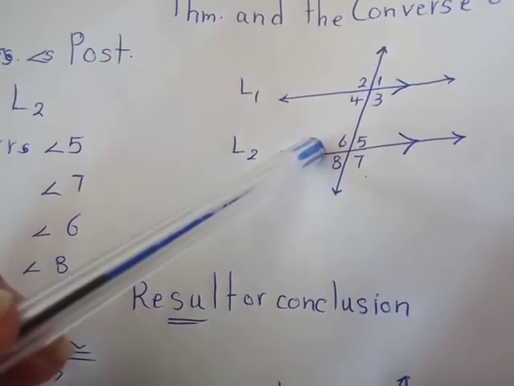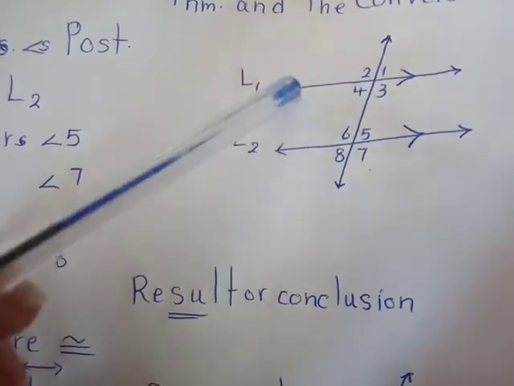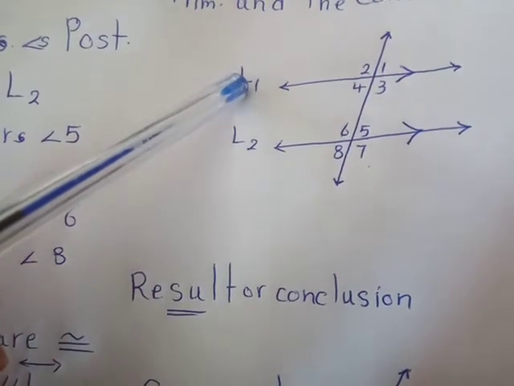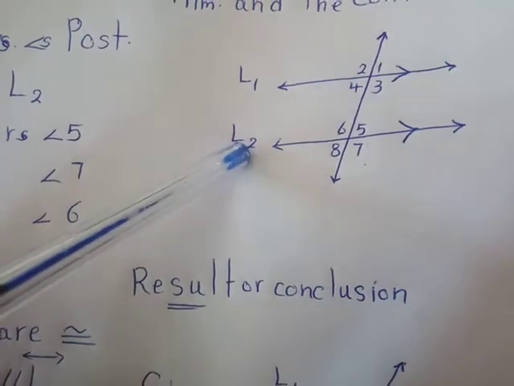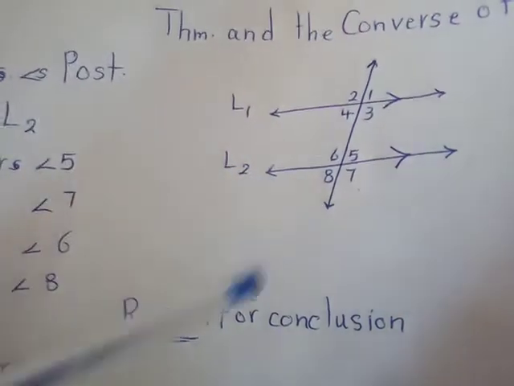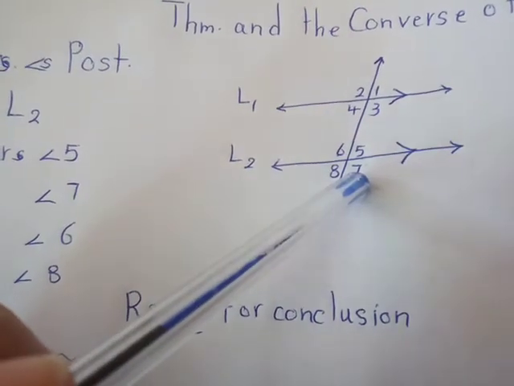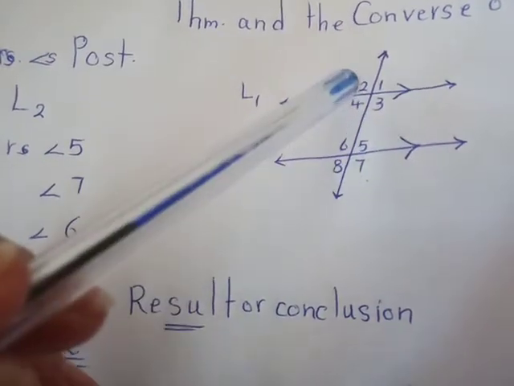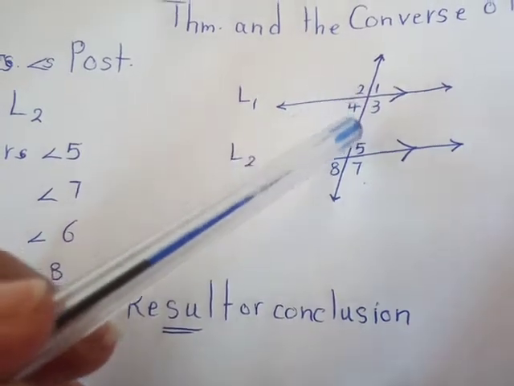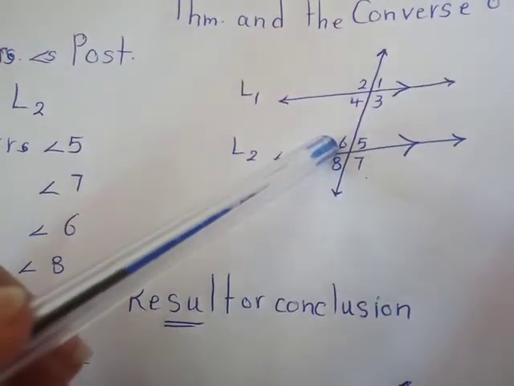They are alternate interior angles. And we have line 1 parallel to line 2. So what is the conclusion? They are equal in measurement, or congruent. So measure of angle 4 equals measure of angle 5, and measure of angle 3 equals measure of angle 6.